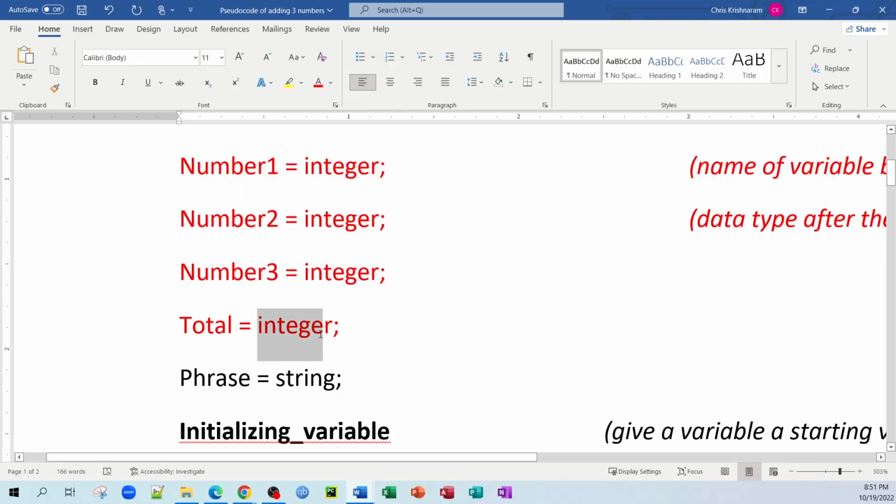So if I turn this total into a real data type, will I get an error? And why not?